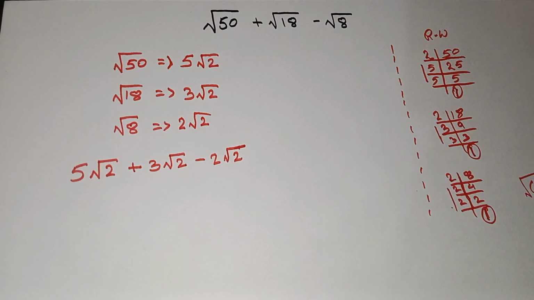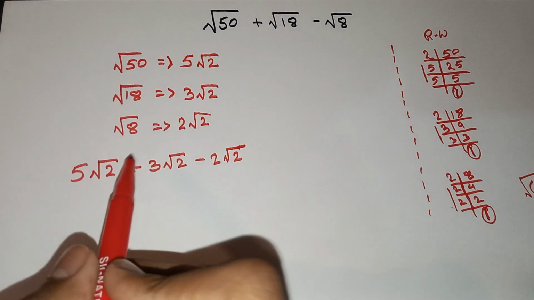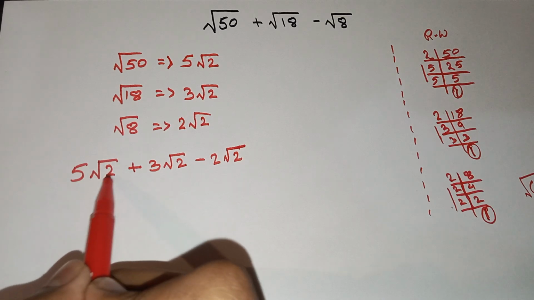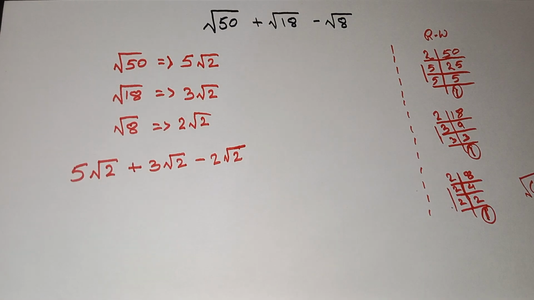Now what will we do? We will see the square roots. Square root of what is common, and how many terms are there? First I will ask the question: how many terms are there? 3 terms: first term, second term, third term. Another way to identify how many terms there are is according to the signs.